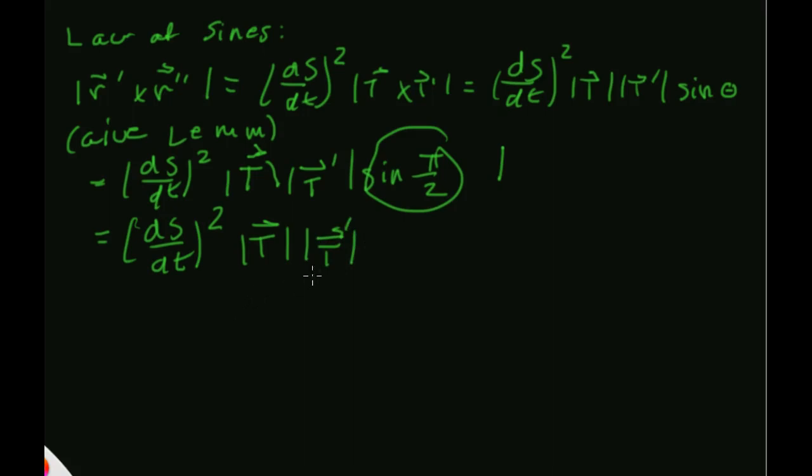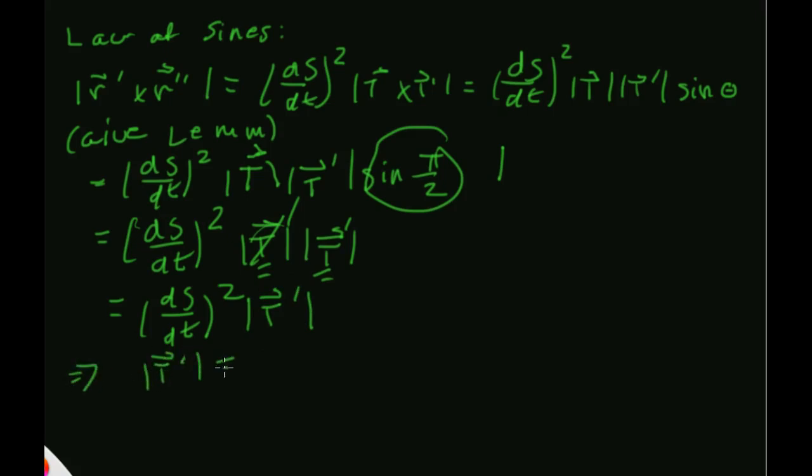Okay, but note T is a unit vector. So that means that this guy is also 1. So that's going to give me (ds/dt) squared times magnitude of T prime. Okay, so this is going to imply that magnitude of T prime is ultimately r prime cross r double prime over (ds/dt) squared.